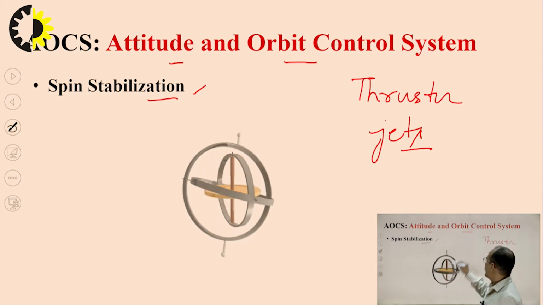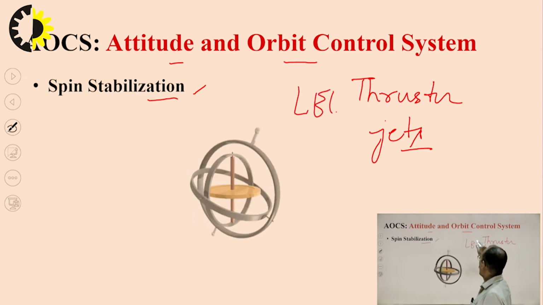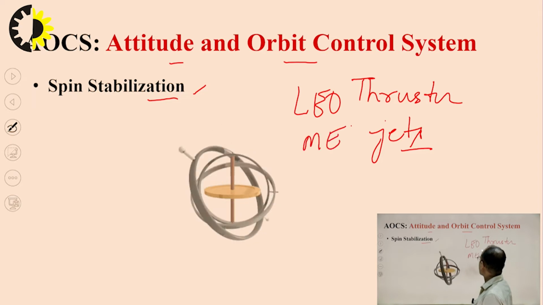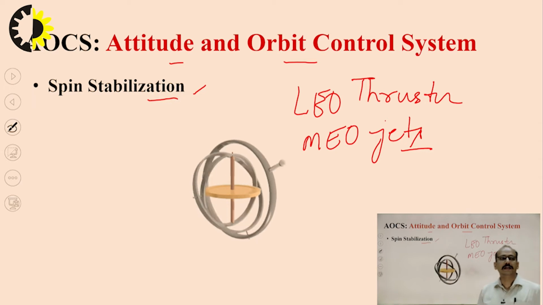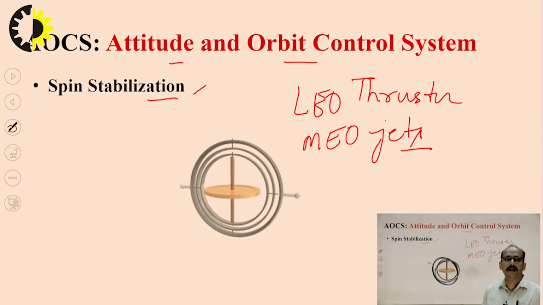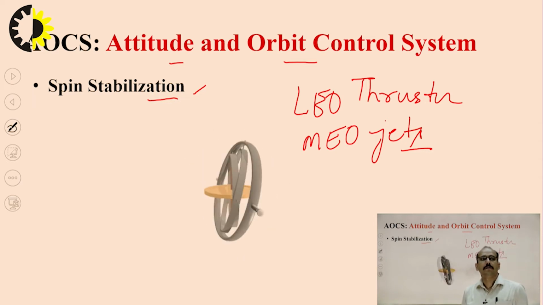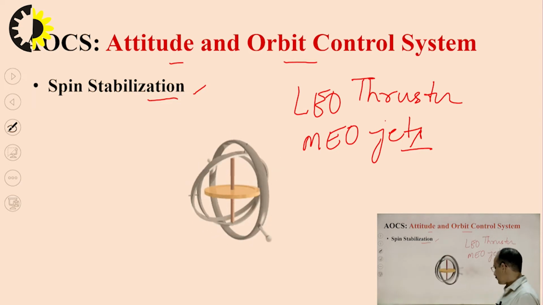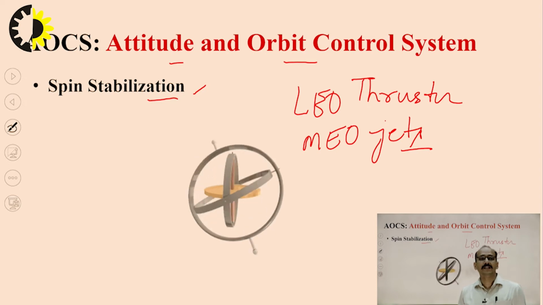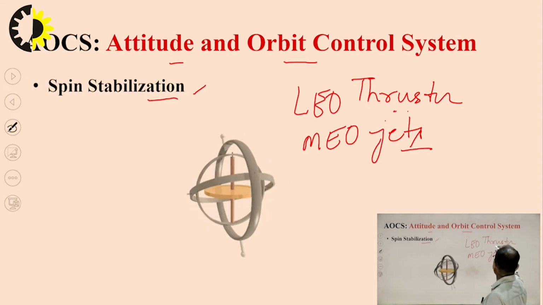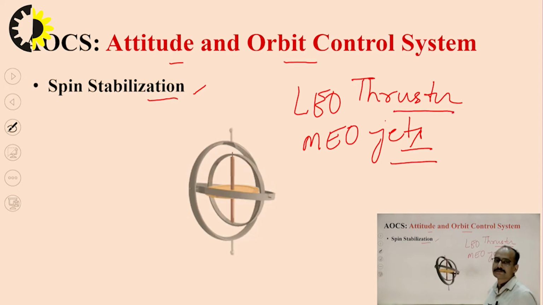This is applicable only for LEO and MEO satellites, because a large satellite cannot be maintained in its attitude and orbit by spin stabilization, because of the requirement of much power to operate these thrusters and jets.